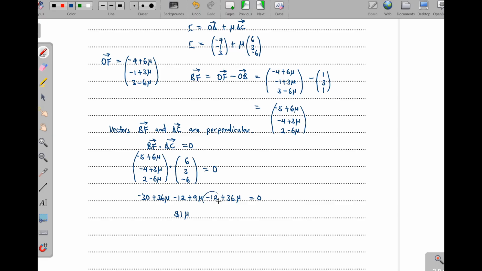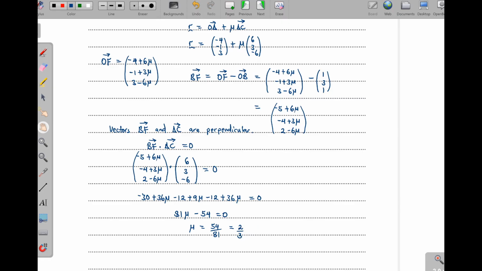Then negative 12, that is minus 24, then minus 30, that will be minus 54. So that means mu shall be equal to 54 out of 81. By 9, we can get a 6. By 9, we can get a 9. By 3, 2. Then by 3, 3. So this is 2 out of 3.